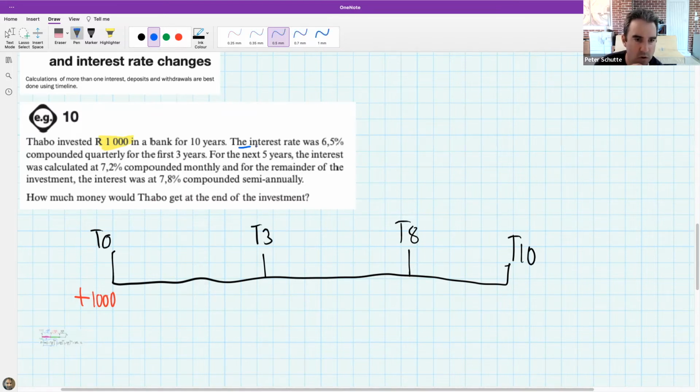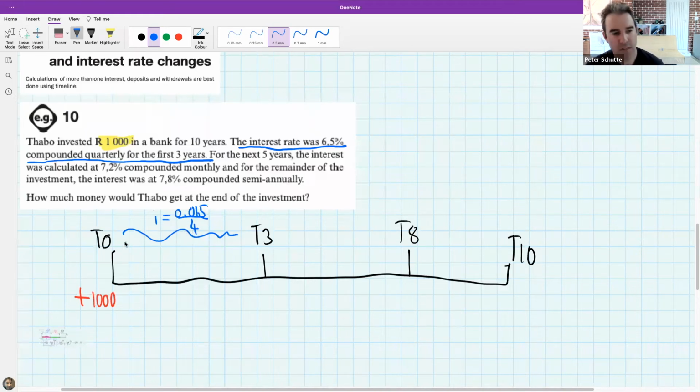So the interest rate was 6.5% compounded quarterly for the first 3 years. So I'm going to write 0.065 divided by 4, because it's in quarters. Okay, so that was the first bit.